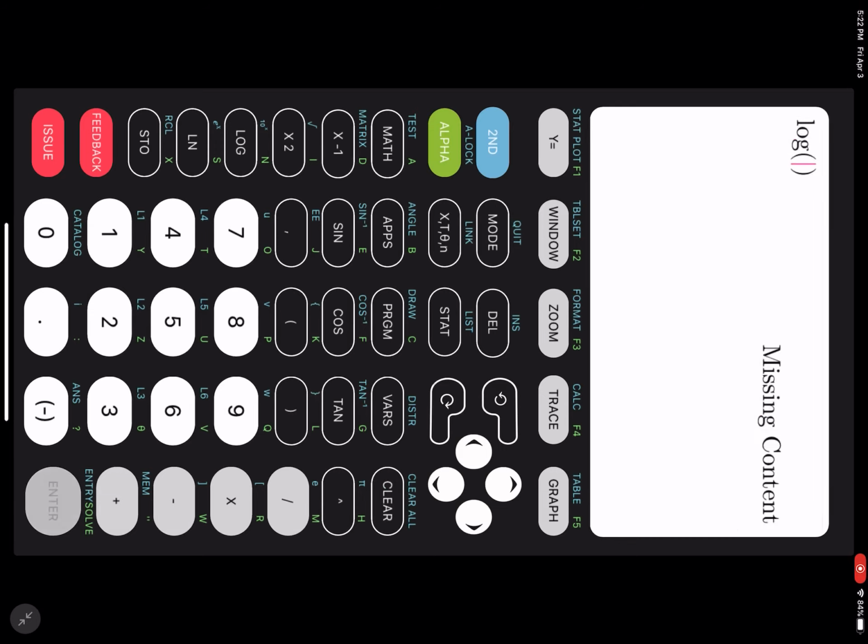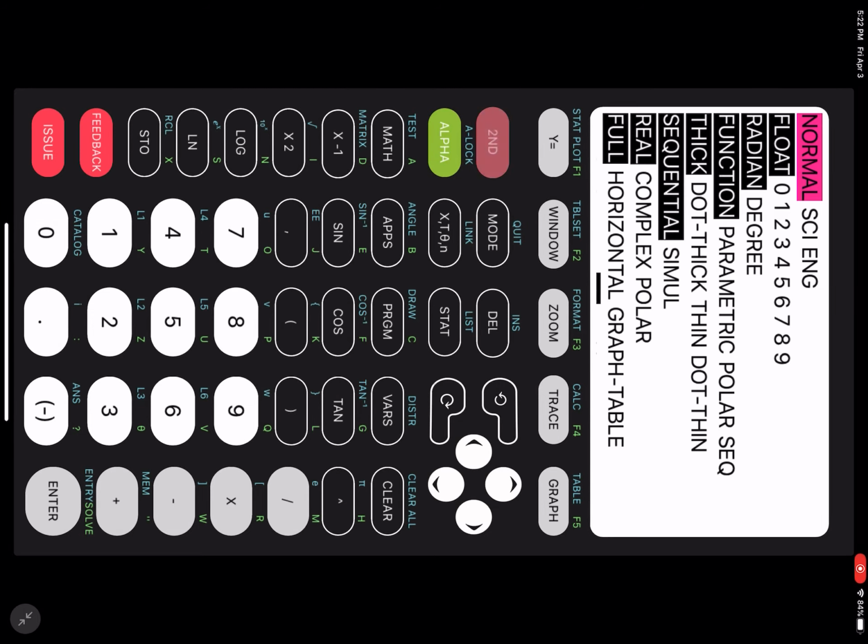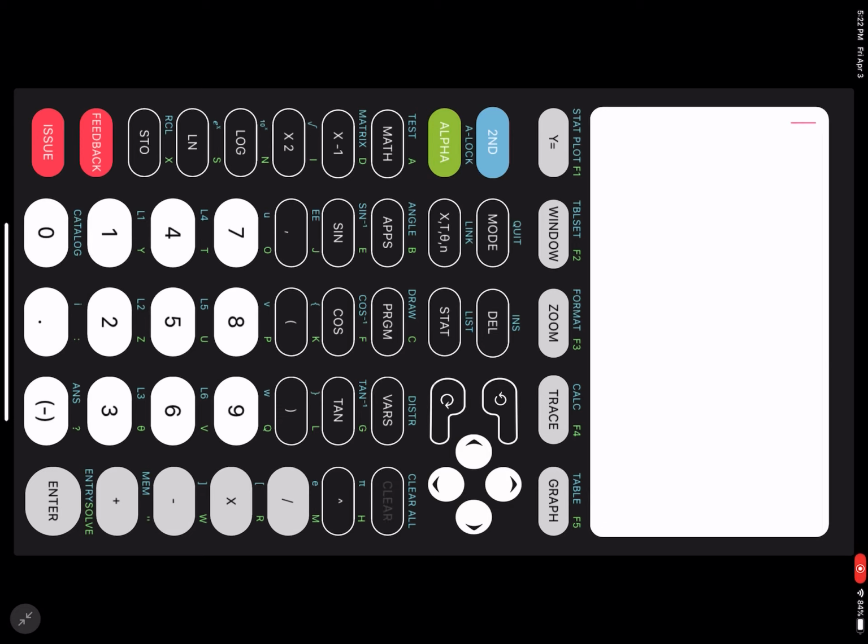You've got log of whatever. But then if you do the second thing, you get 10 to the something, right? So this is a way to help you cheat. If you're having trouble remembering who's the inverse of what, log x here, and then second, and I hit that same key again, the inverse of log x is 10 to the x.